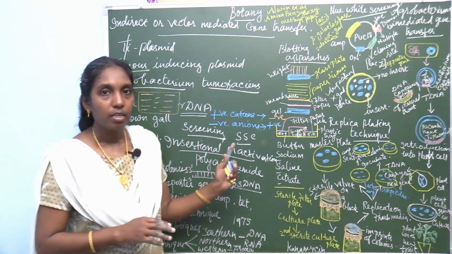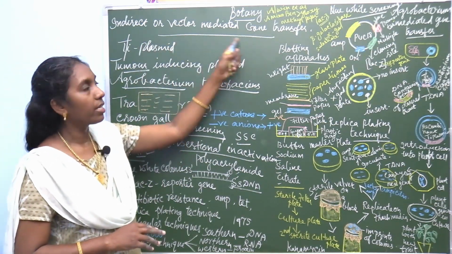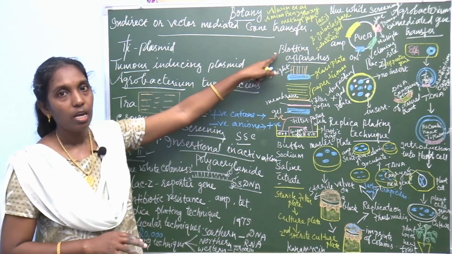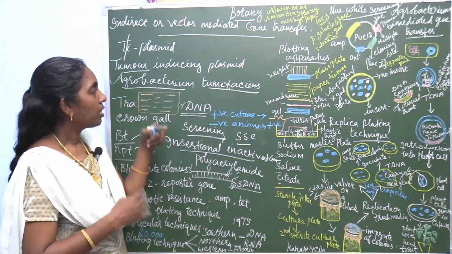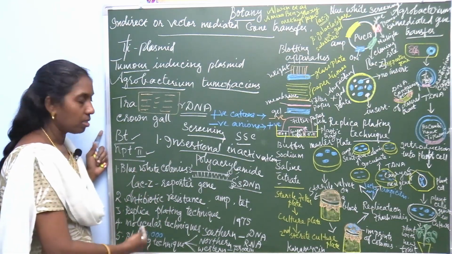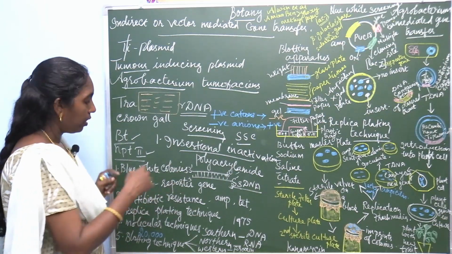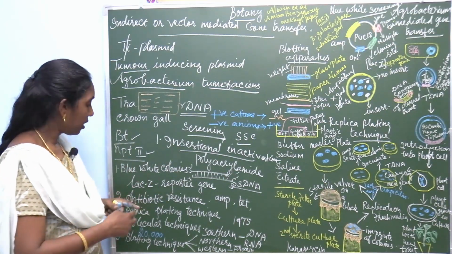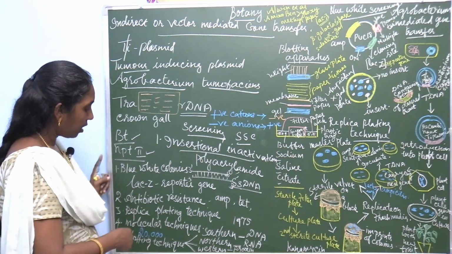Once again, let us recall what you learned today. The first topic was indirect or vector mediated gene transfer, for example, the Ti plasmid. Then screening, where there are different techniques: blue white colony selection, antibiotic resistance technique, and replica plating technique.